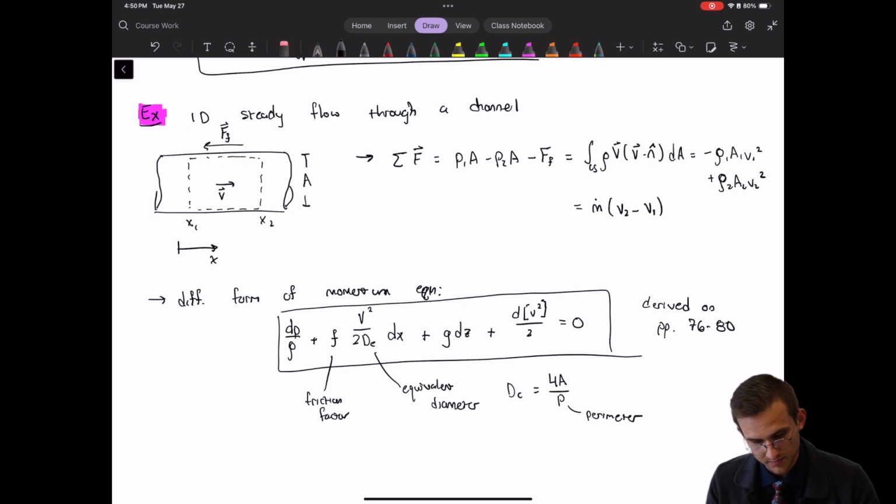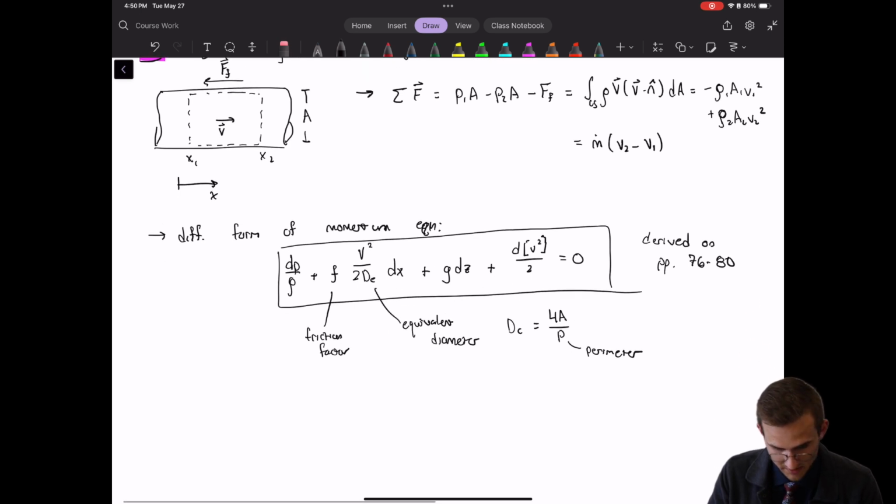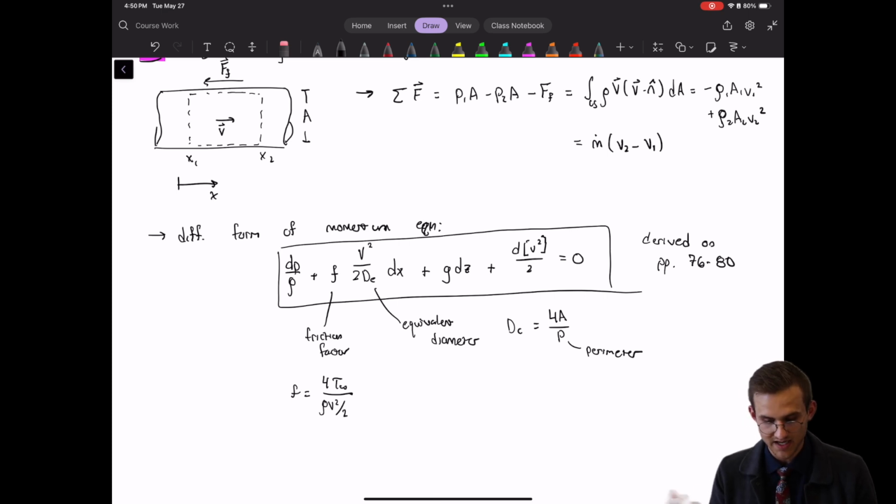Okay, almost done here. And the friction factor, to expand on that, is equal to 4 tau wall over rho v squared over 2. Basically it relates the shear stress at the wall to the dynamic pressure. Okay, our text uses a factor of 4.